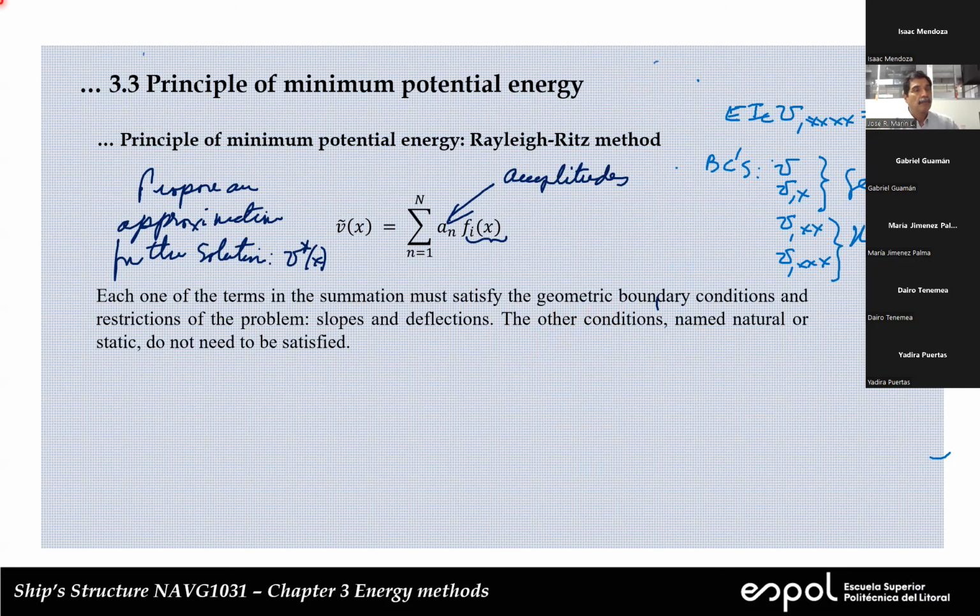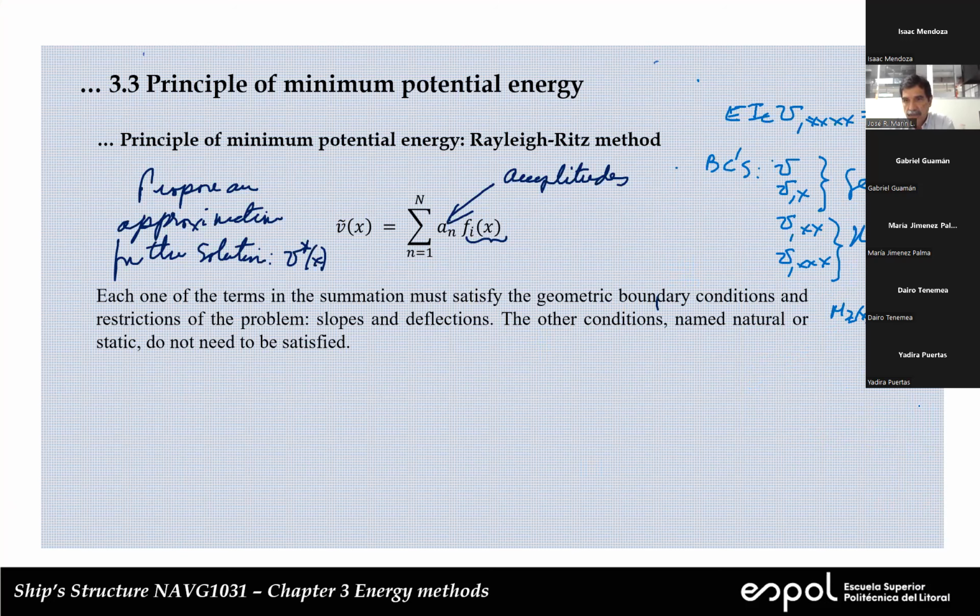I'm going to write it here. Bending moment here. Can you express that as a function of V? No? Mr. Llanos, can you help us?